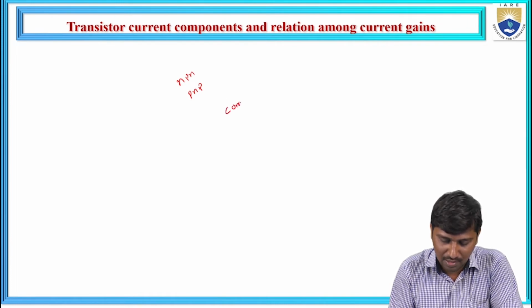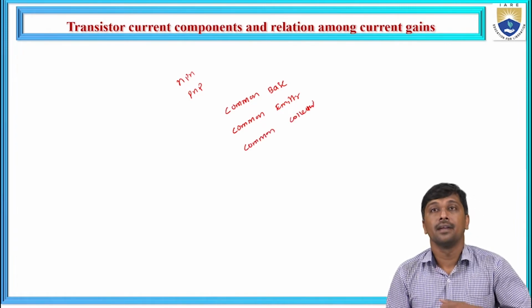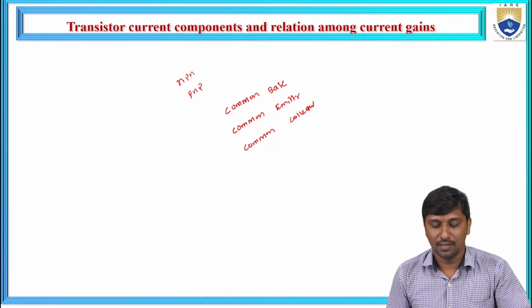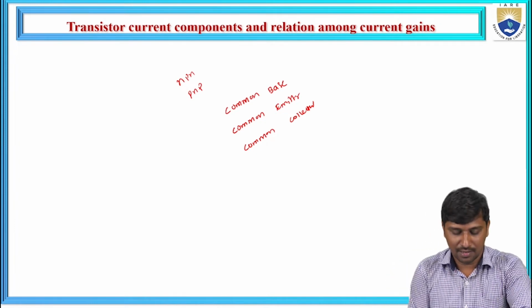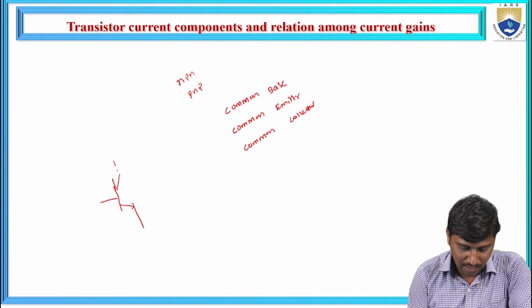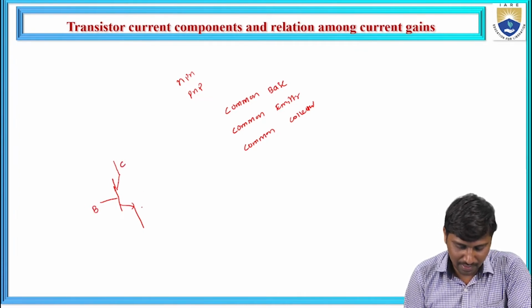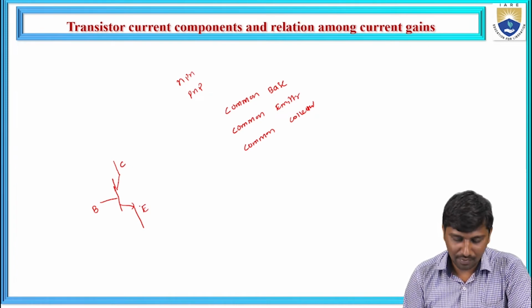One is common base configuration, common emitter configuration, and common collector configuration. Let us consider an NPN transistor, and we know this is base, collector, and emitter.